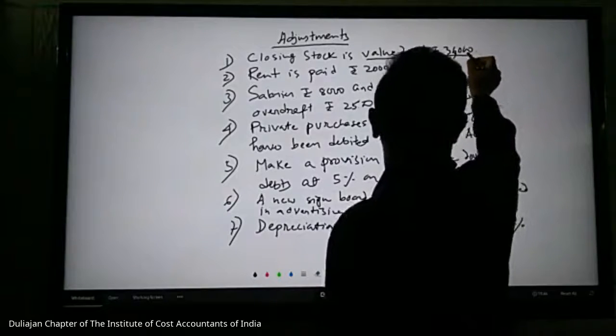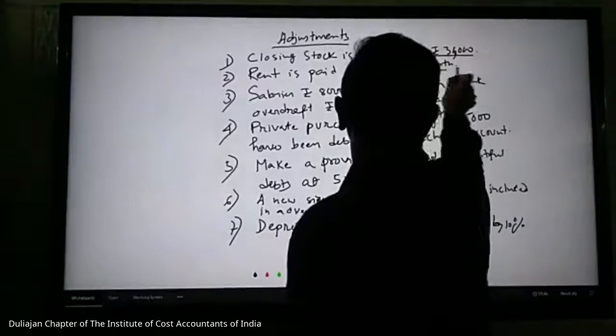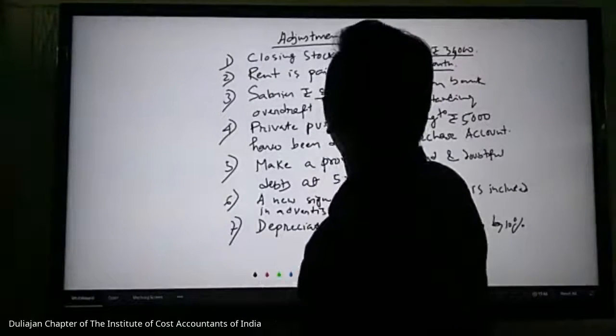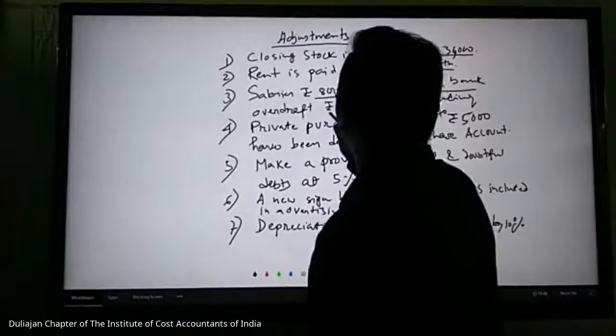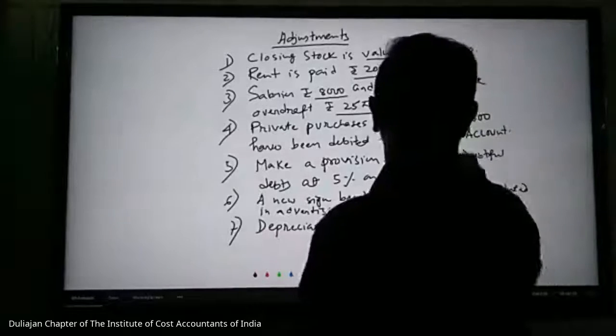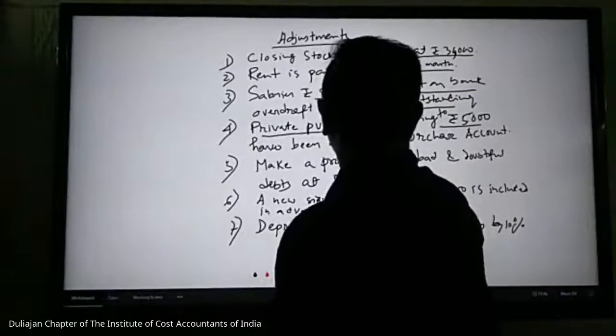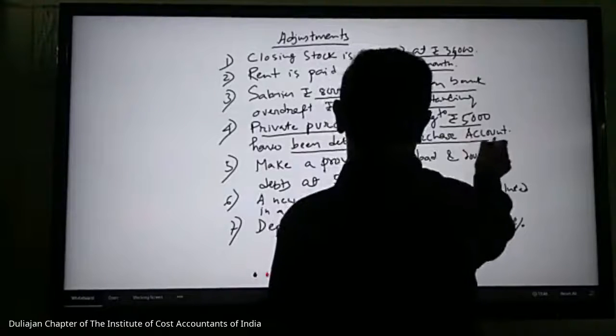Sorry, 36,000. Rent is paid rupees 2,000 per month. Salary 8,000 and interest on bank 2,500 is outstanding. Private purchases amounting to rupees 5,000 have been debited to purchase account.